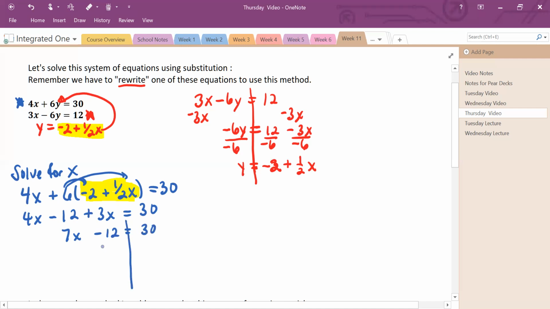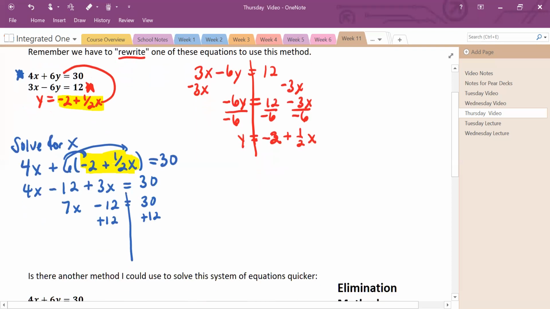Now I'm going to add 12 to both sides because I want x by itself. So I end up with 7x is equal to 30 plus 12, which is 42. And then I divide both sides by 7. X is equal to 6.